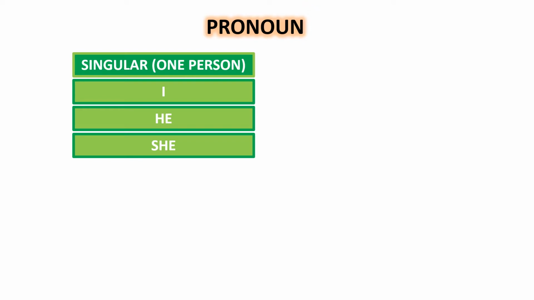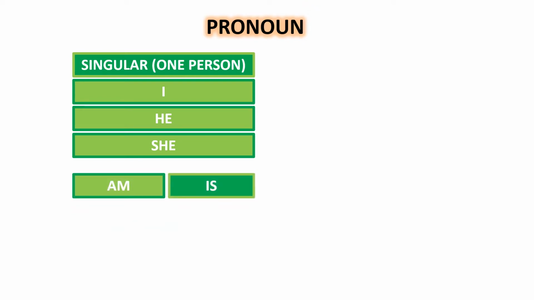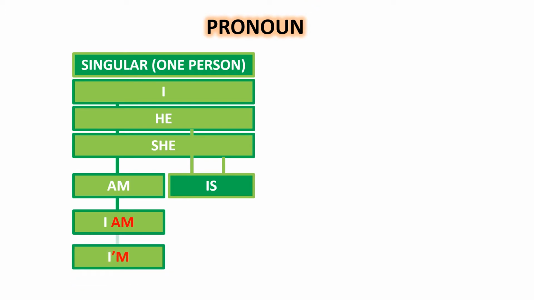If we use I, the partner is I am. When we use he and she, we use is. When you say I am, you can also say I'm. I'm is the short form of I am.